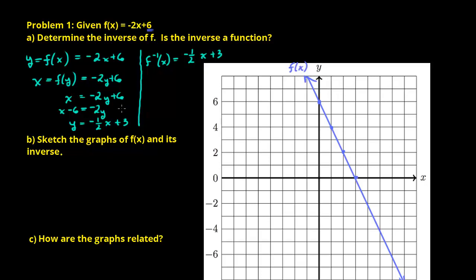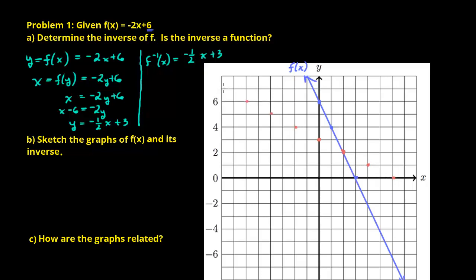Next, let's graph the inverse function, which is minus 1/2 x plus 3. So first we'll graph the y-intercept, which is positive 3. And then we'll follow the slope, which is negative 1/2. So that means we're going to go down 1 over 2, down 1 over 2, down 1 over 2, and we can trace that pattern backward as well.